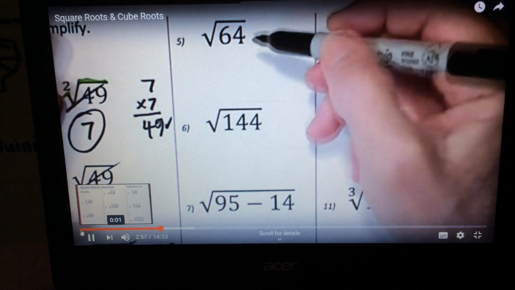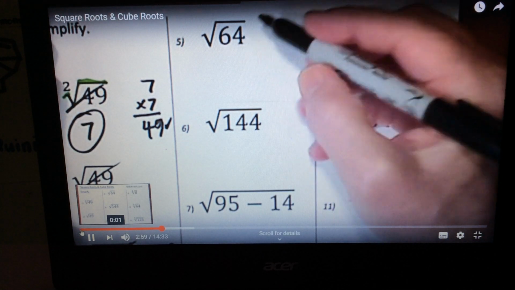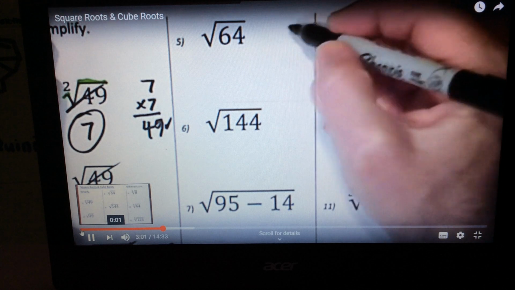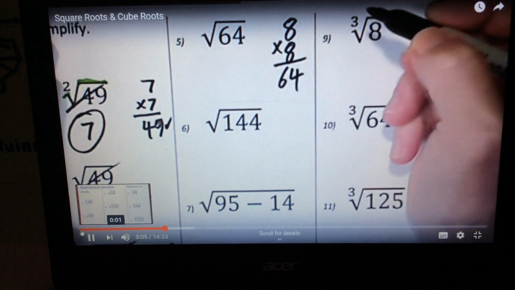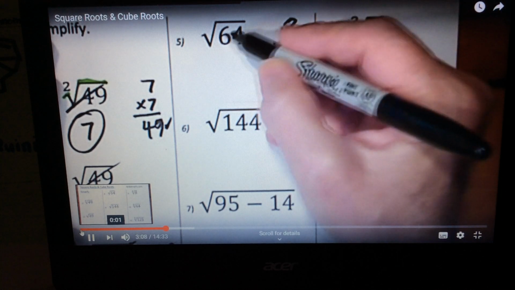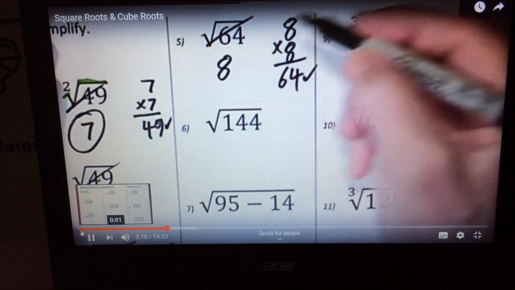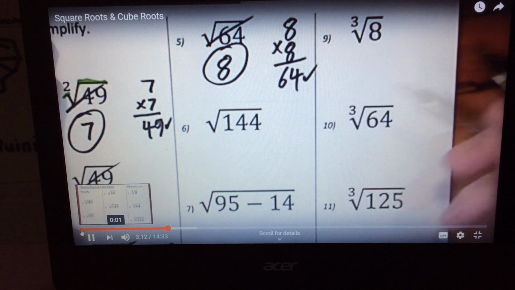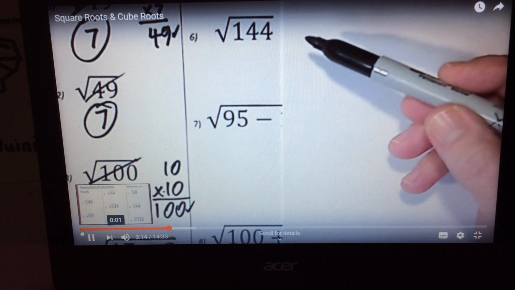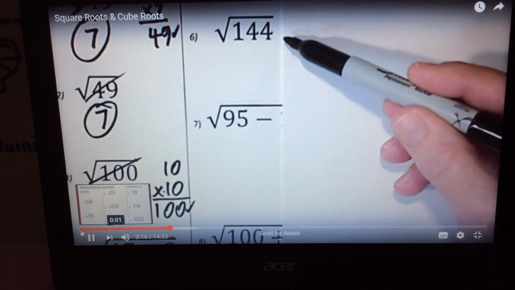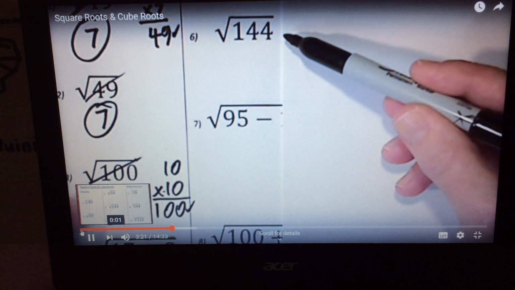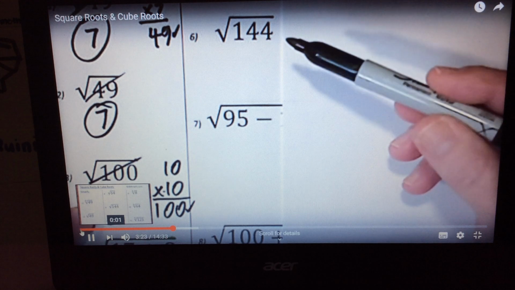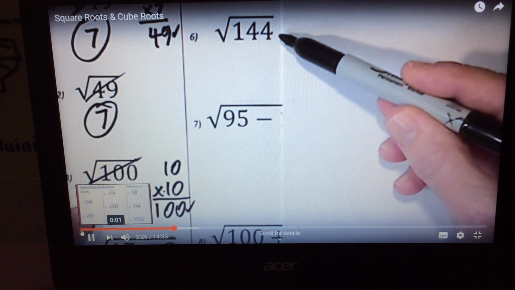We'll do a few more. The square root of 64. 8 times 8 is 64, so the square root of 64 is 8. As the numbers get larger, you might have to do a little bit more thinking. Remember, the square root of 100 is 10, so the square root of 144 is going to be more than 10.